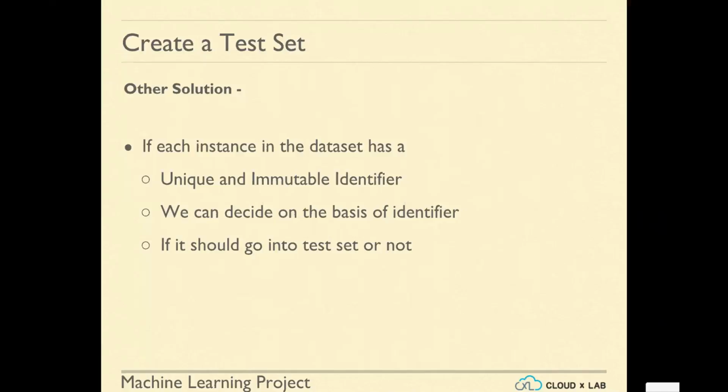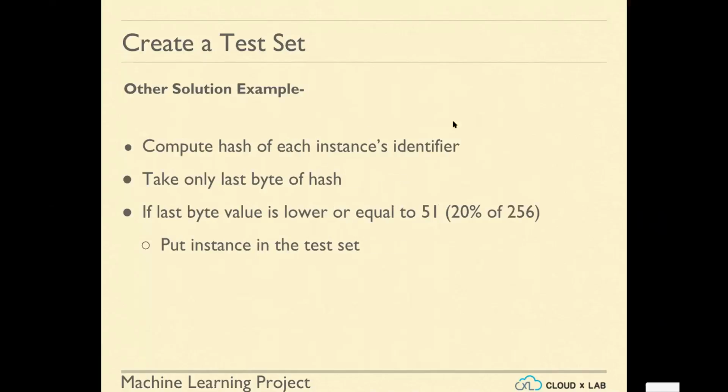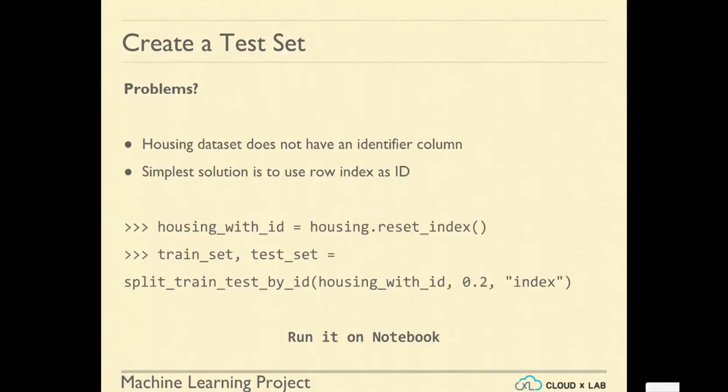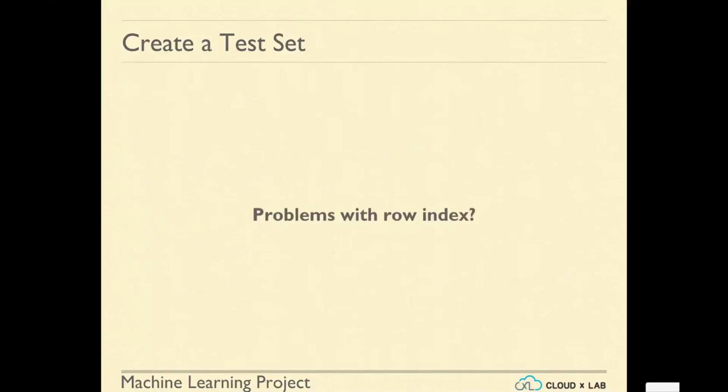So that's what we are doing. This is what we did last time, and we split the data based on the ID. It worked fine, and so we created a function.